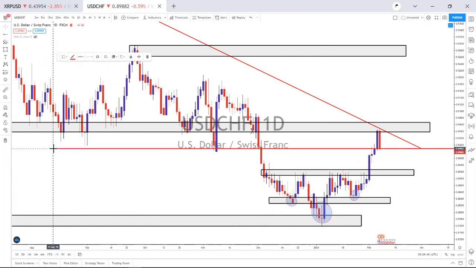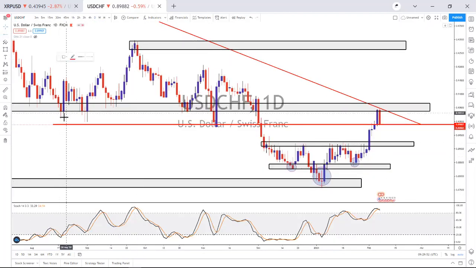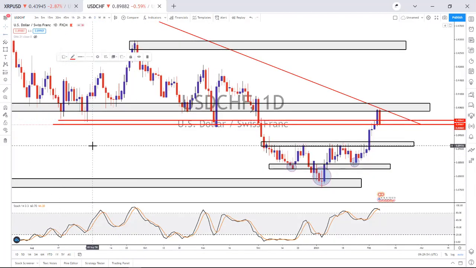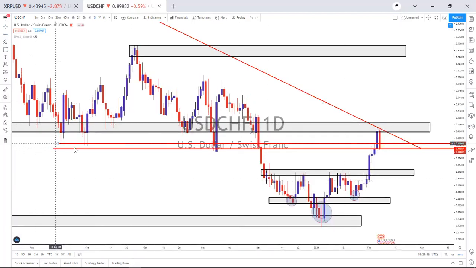Now, if you look closely, you would see prices getting to this point here, and even when price was moving up, it kind of rejected at this point, kind of slowed down a bit before breaking through it. And then you could also see prices closing at this point here.